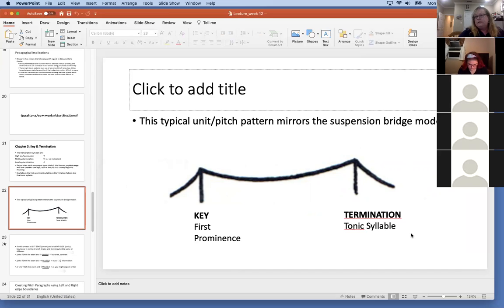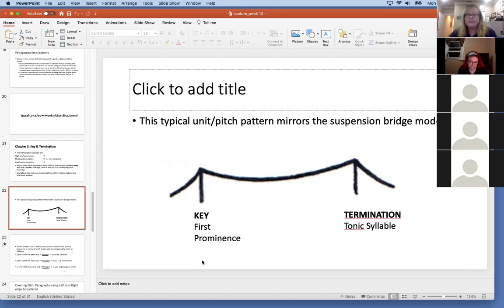On the tonic syllable, you not only have a falling, rising, or level, you also identify a pitch range. So it could be a high falling, a mid falling, or a low falling, depending upon what you're trying to communicate. Whereas your key is either going to be high, mid, or low. It doesn't have that final tonic syllable movement up or down on it, right?